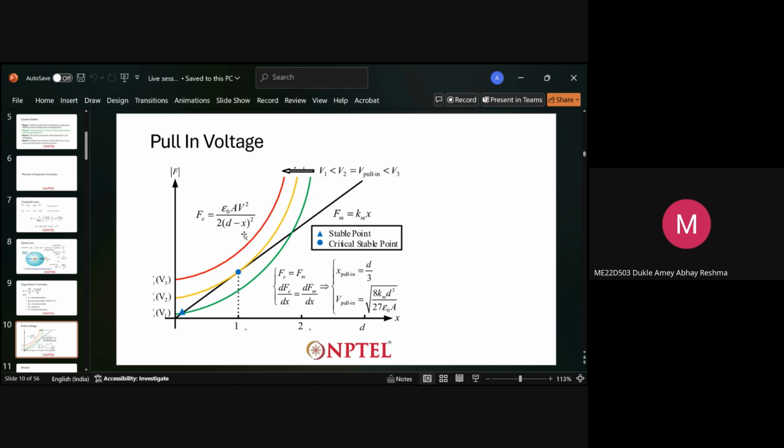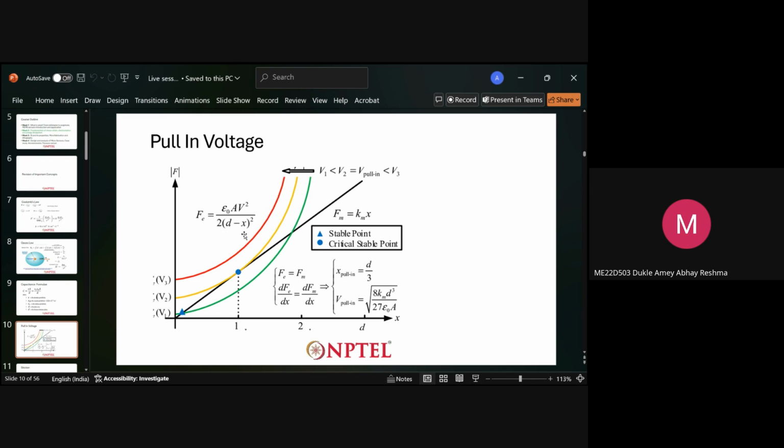When both the plates have opposite charges, if the voltage increases beyond a certain point, the pull-in will happen between the two plates of the capacitor. So the pull-in voltage is given by this formula.